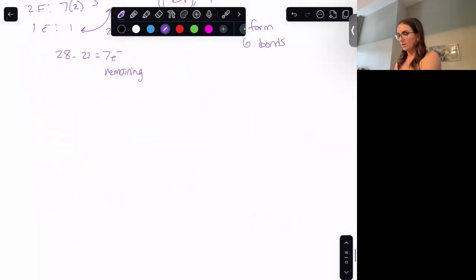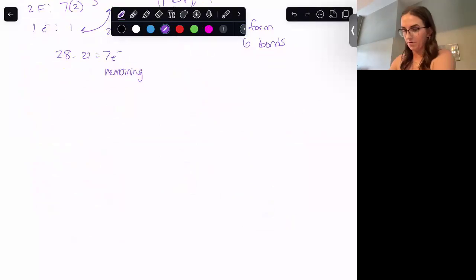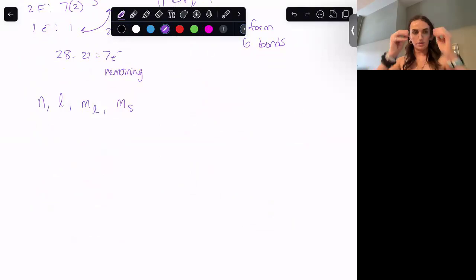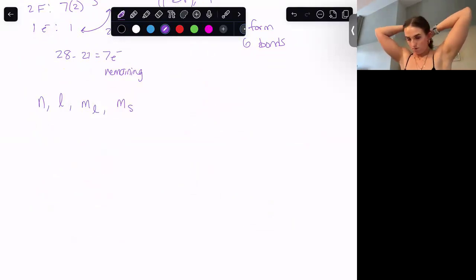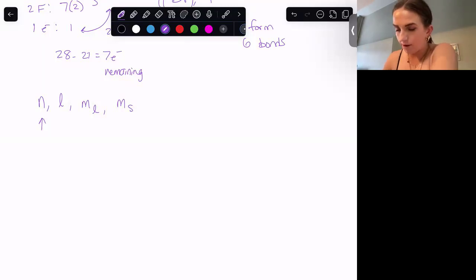So when we look at quantum numbers, right, we have n, l, m sub l, and m sub s. Okay, so for our quantum numbers, n is going to be your energy level.